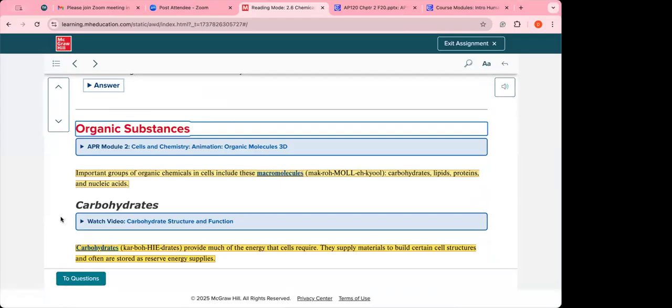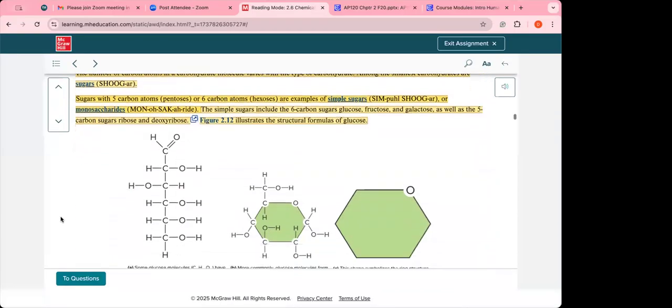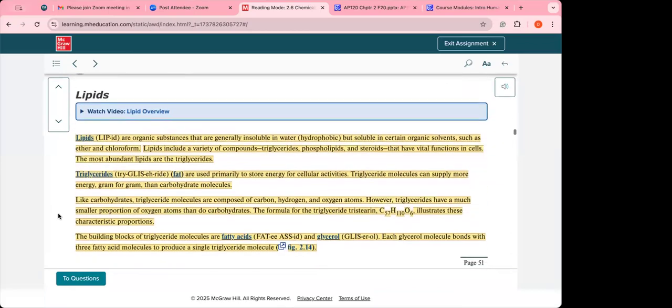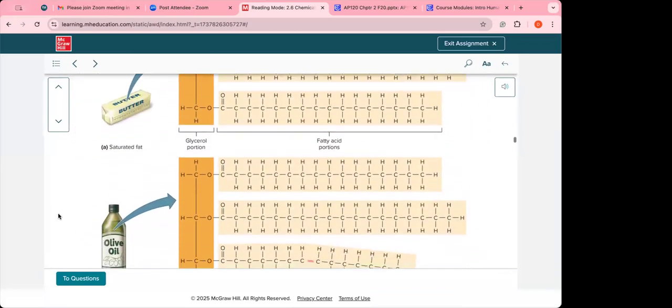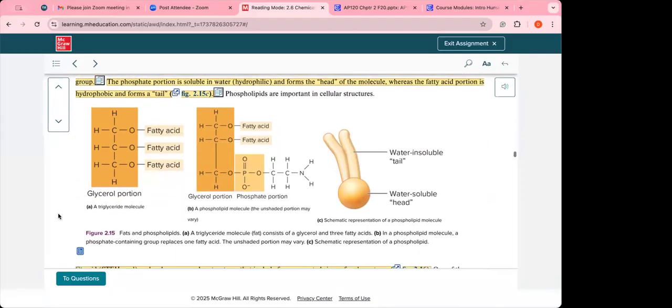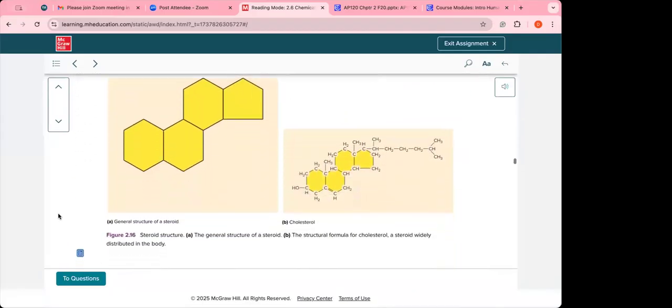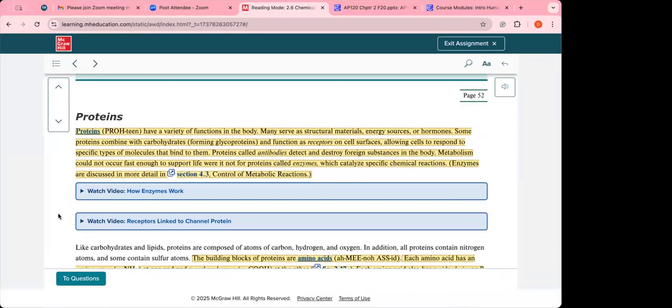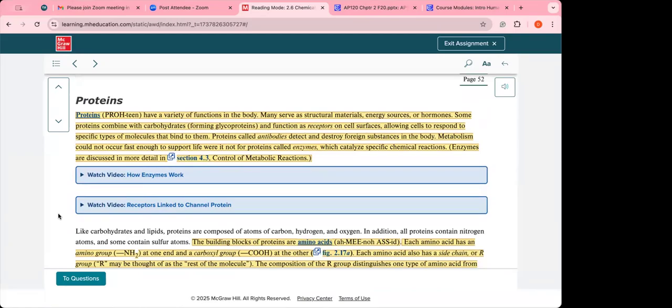Let's go to proteins. That's carbs. We need proteins. That's lipids. We've been in lipids long enough. Let's go to proteins. Okay. Proteins have a variety of functions in the body.